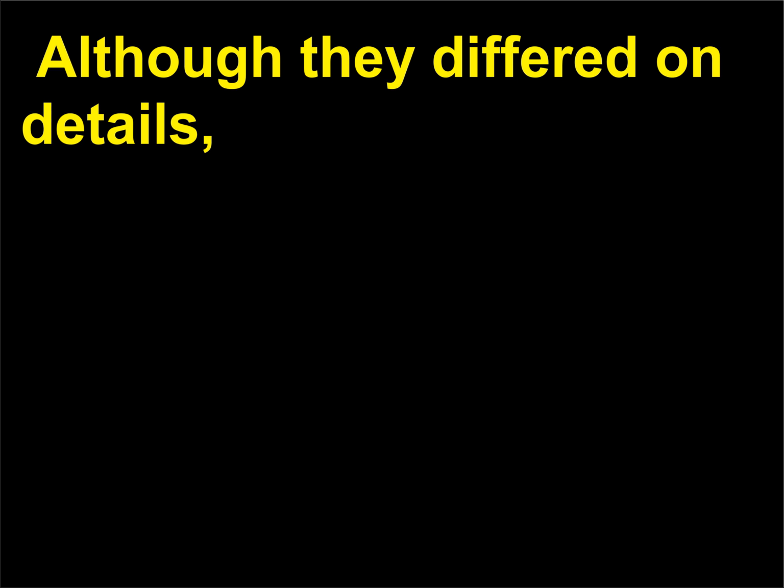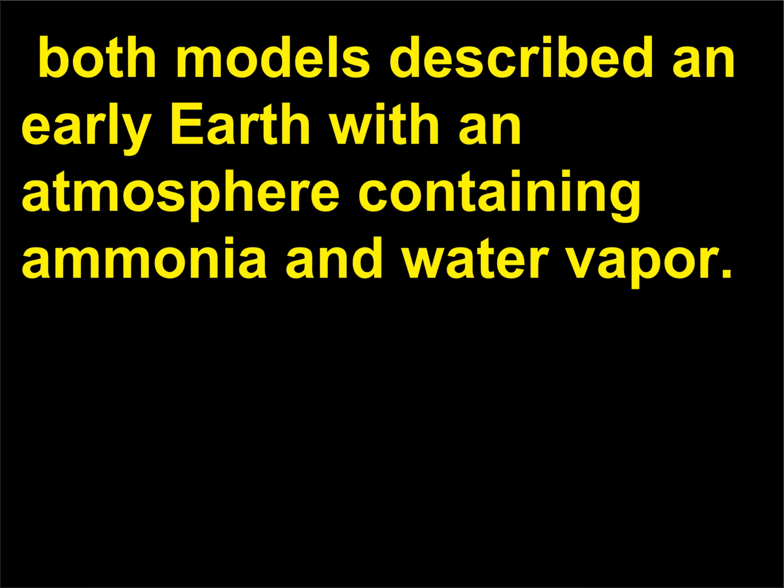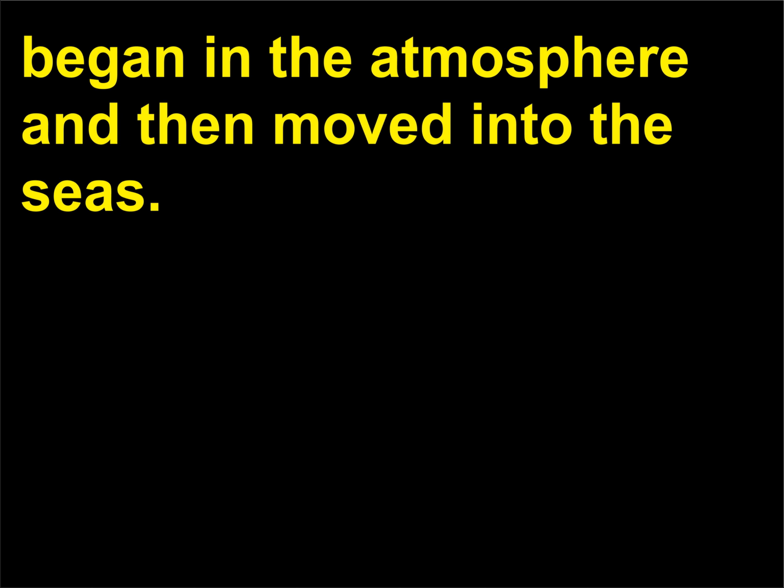Although they differed on details, both models described an early Earth with an atmosphere containing ammonia and water vapor. Both also surmised that the assemblage of organic molecules began in the atmosphere and then moved into the seas.